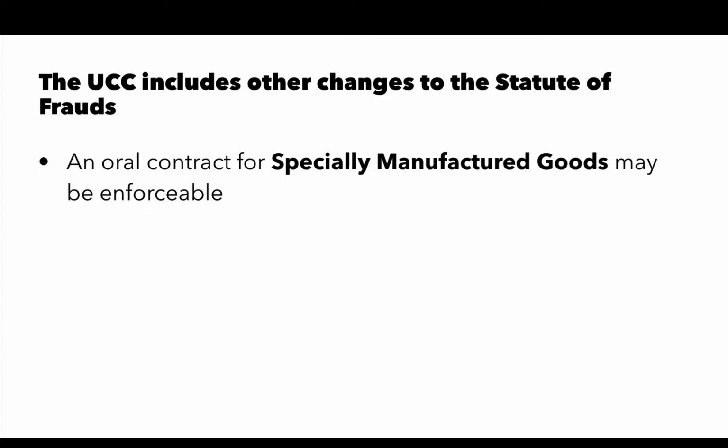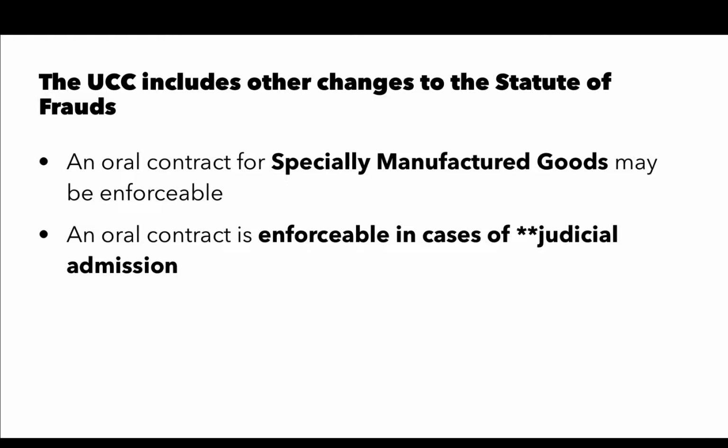An oral contract is enforceable in cases of judicial admission. What does this mean? This means that if a party gets onto the stand in a court of law and states there was an oral contract and this is what the amount was for, that is sufficient to overcome the lack of a writing.